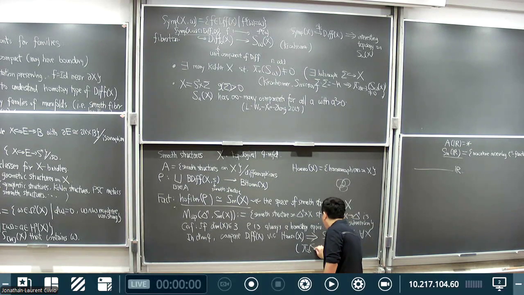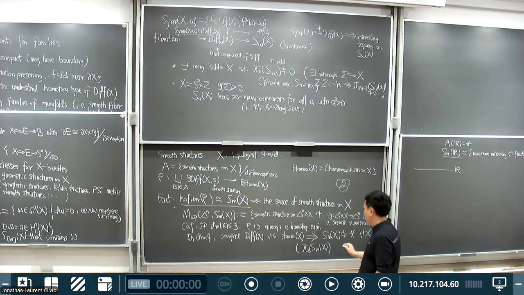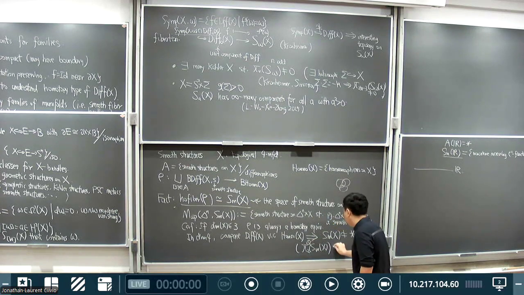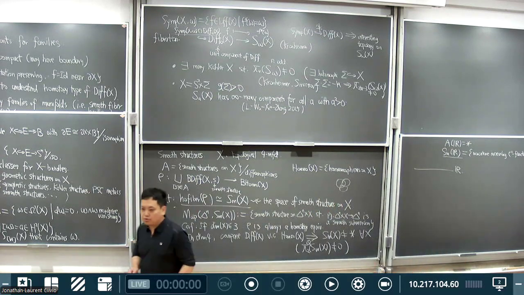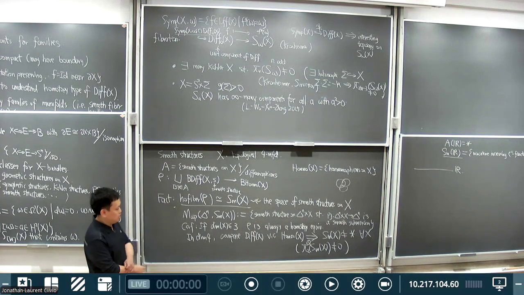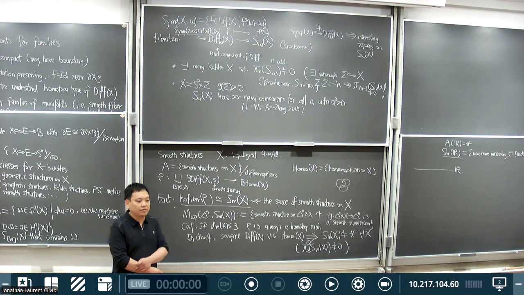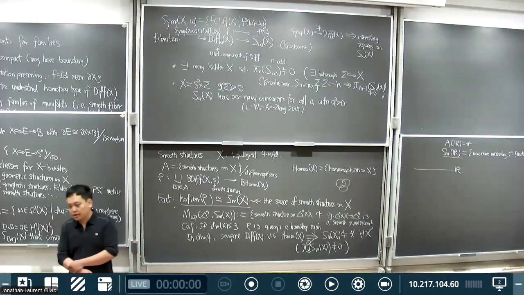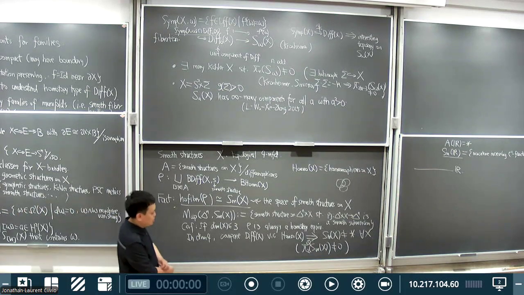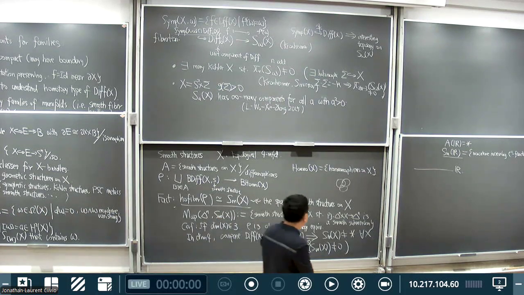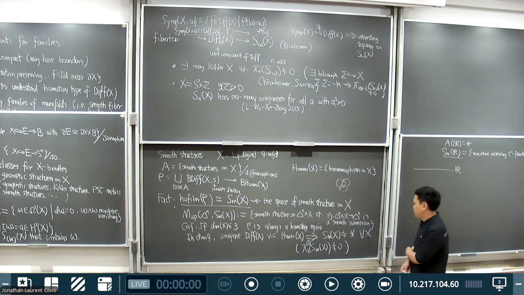For example, when X is the four-sphere, one can prove that the diffeomorphism group of S4 is not homotopy equivalent, and one can generalize that result to get this refinement for any four-manifold.